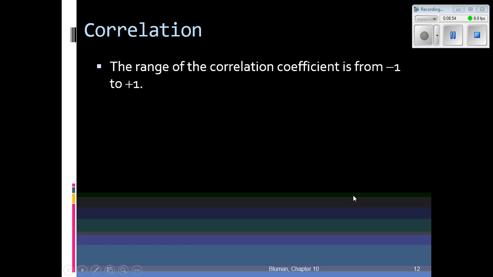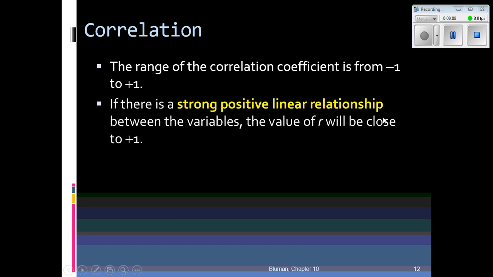Now we're going to be talking about solving for, or finding, this correlation coefficient. Important to remember, the values of the correlation coefficient have to be between -1 and +1. The value of R is what we use for the correlation coefficient, so make sure that you somehow show in your notes that R represents the correlation coefficient.